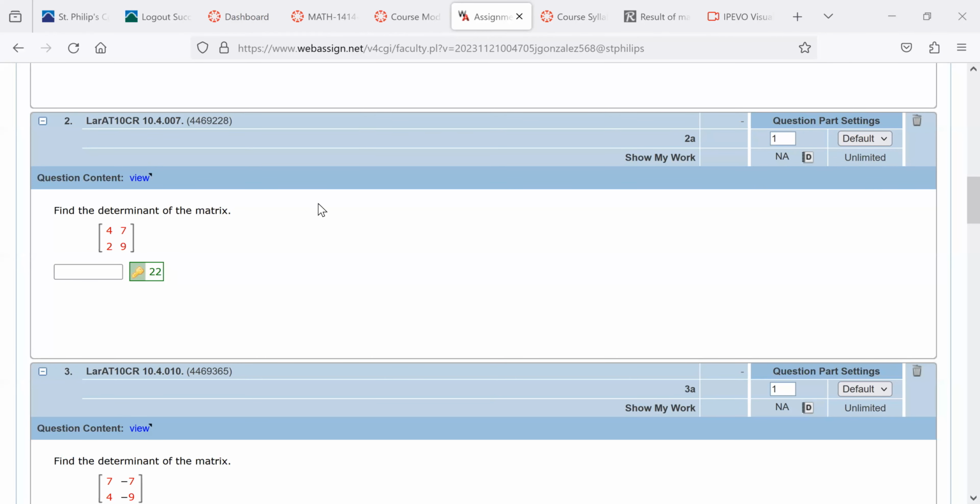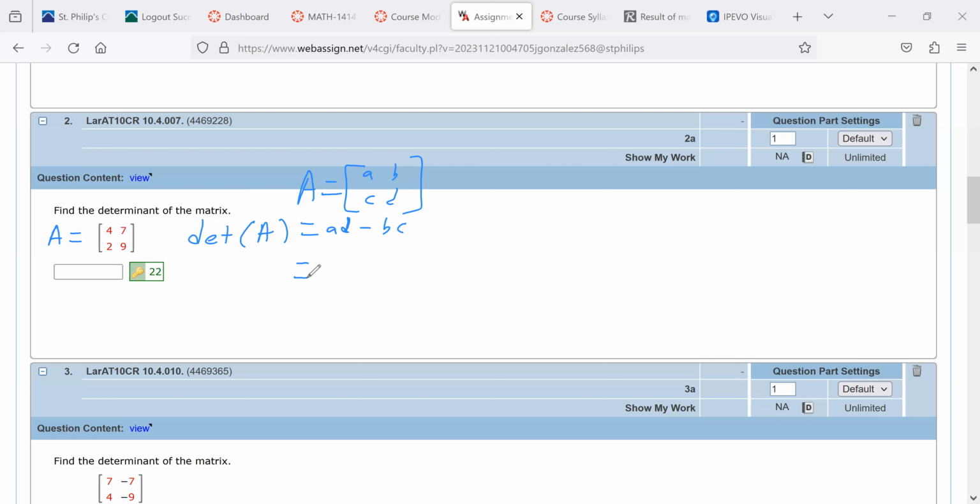If you're gonna do it by hand, let's call this A. So the determinant of A is equal to, well, you know what? Let me give you the formula. If you have a general 2x2 with A, B, C, D, the determinant is AD minus BC.